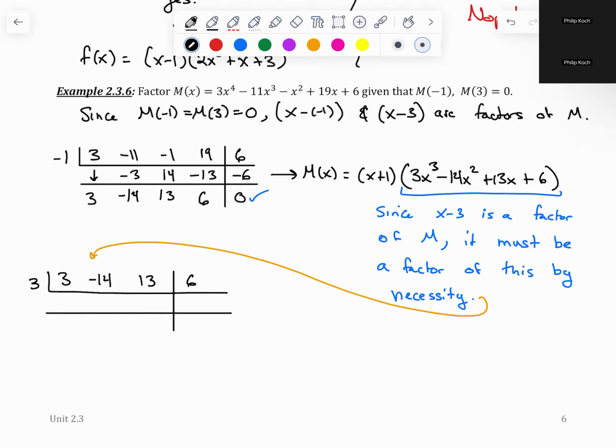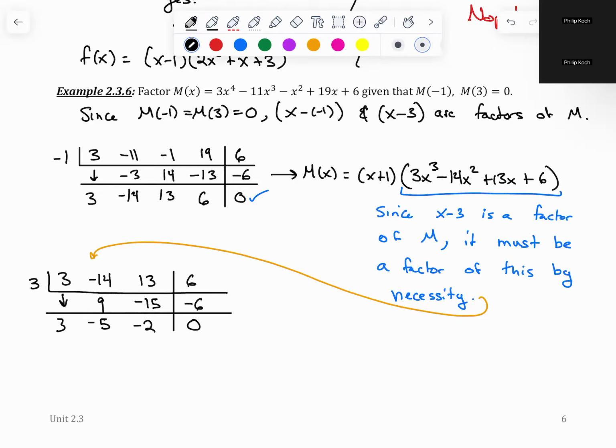So bring down the 3. 3 times 3 is 9. 9 plus negative 14 is negative 5. 3 times negative 5 is negative 15. 13 plus negative 15 is negative 2. 3 times negative 2 is negative 6. 6 plus negative 6 is 0. So, lo and behold, as I said, it was a factor of the cubic polynomial.